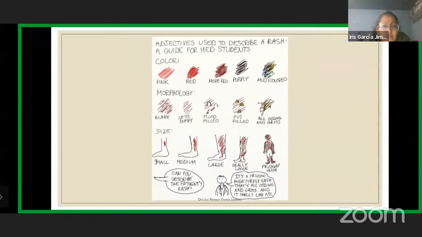And now we have some adjectives. I know this slide is not pretty good. It's a little ugly. I don't like it too much because it's handwriting. I don't know, but it's from the net. But these adjectives are useful to describe a rash, and it's a guide just for remembering and not losing the idea of how we must express ourselves about it. Talking about the color, talking about the morphology, we have a nice way, for example, oozing and gross.